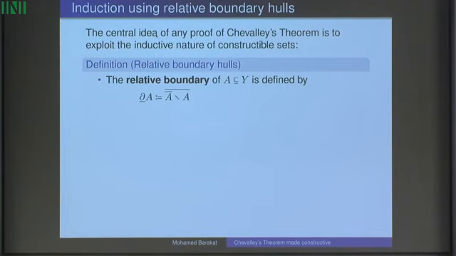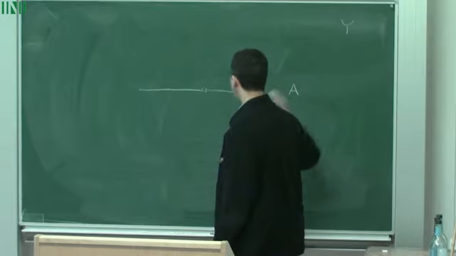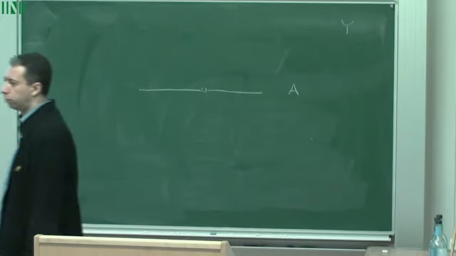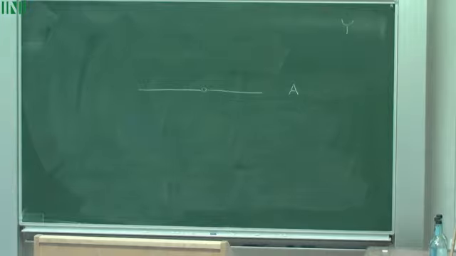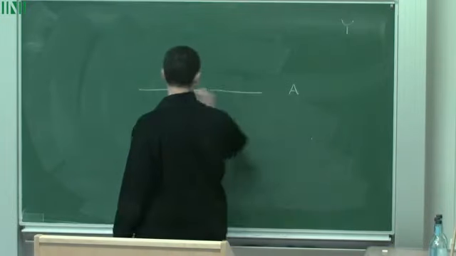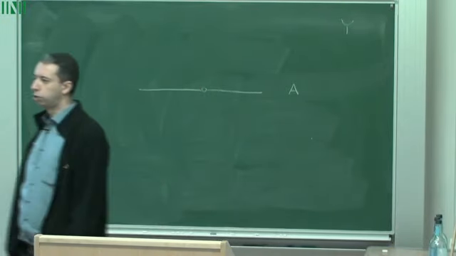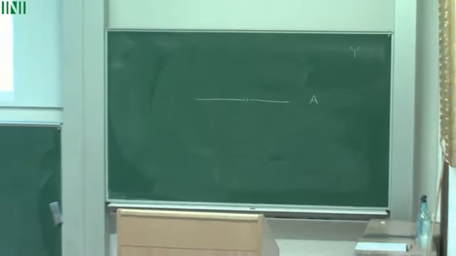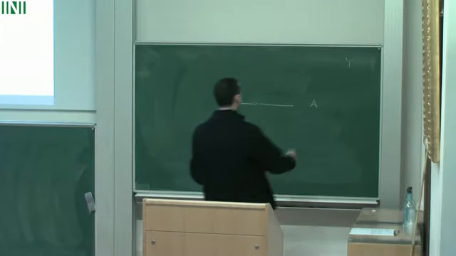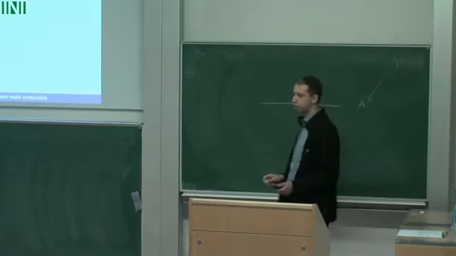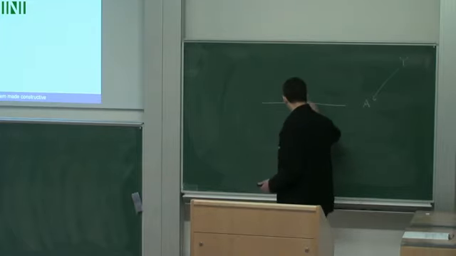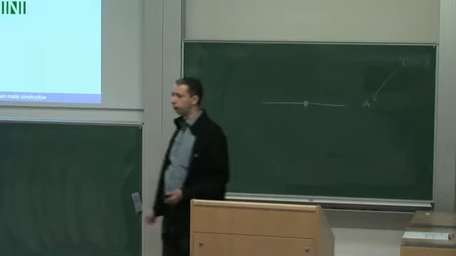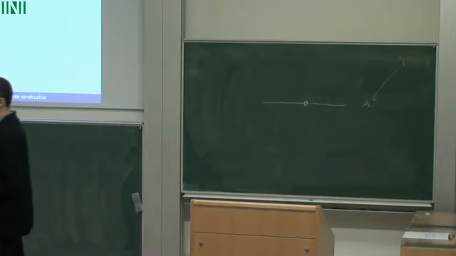Imagine this is my space Y, and I take the subspace A to be this punctured line. When I ask you about the boundary of A in Y, you will tell me it's the closure of A. But now I want something relative: the boundary of A relative to its closure. In some sense, I'm replacing Y by the closure of A and then asking for the boundary. In this case, I just get this point, which is more interesting. It's telling me that the line is missing the point.